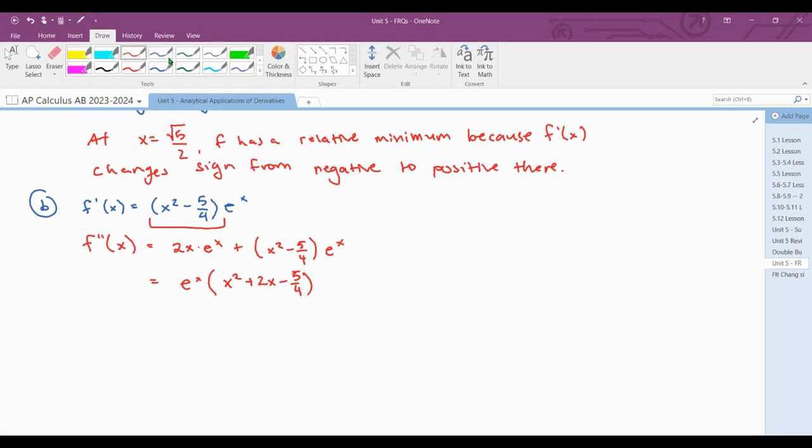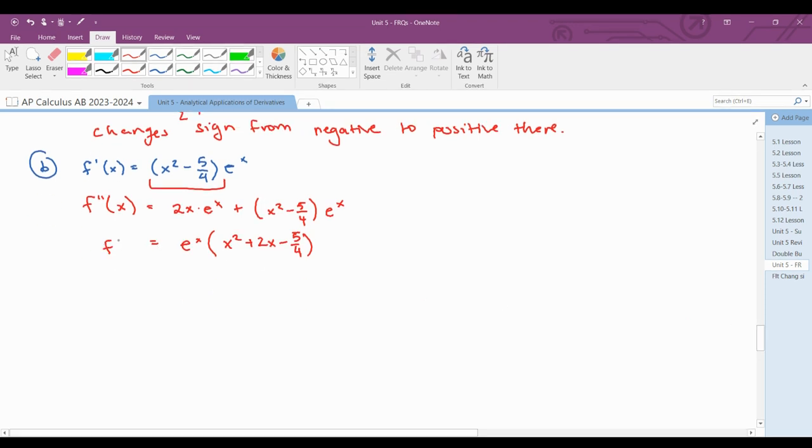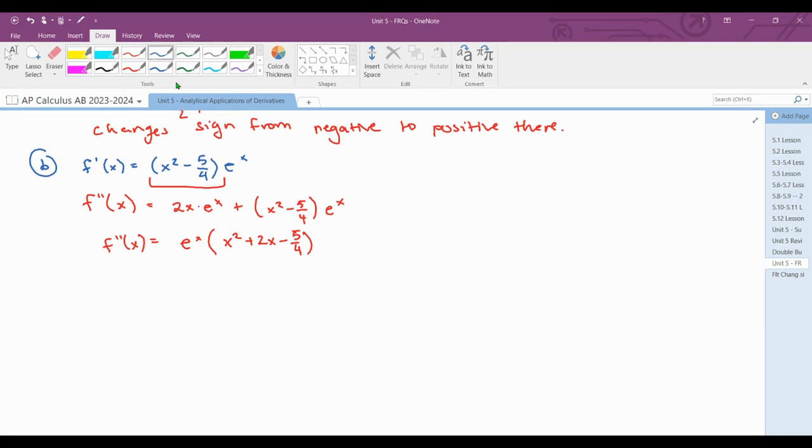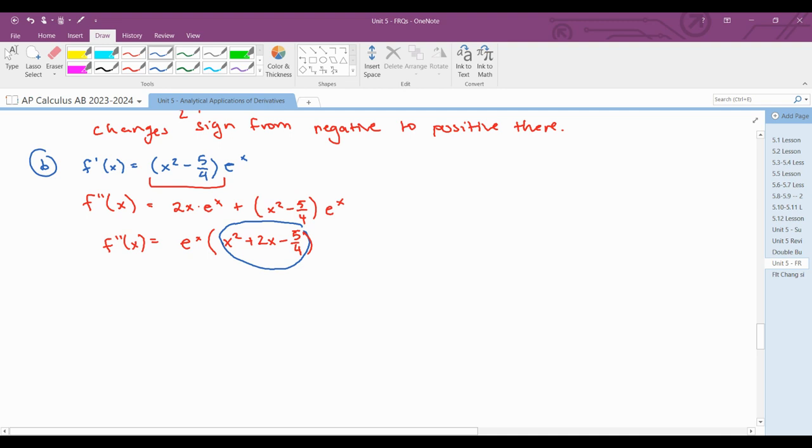And so for inflection points, you need your second derivative to be equal to 0, and it changes sign. So this one, if you want to figure out where it's equal to 0, you could either use the quadratic formula, or a little trick that I would do is multiply the inside of this group by 4, but to keep this equation the same, you're going to multiply by a fourth on the outside.